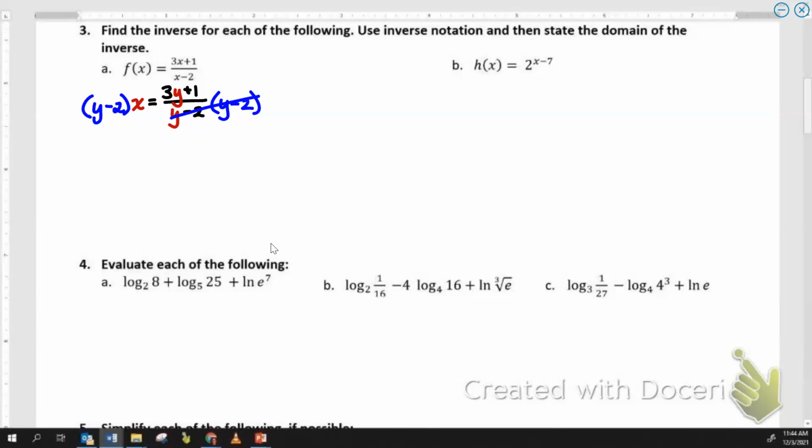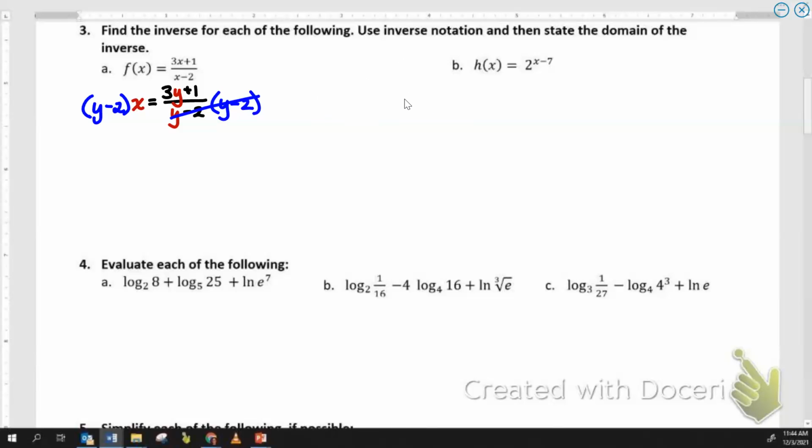I have 3 minus x here. Now I can divide both sides. Negative 2x minus 1 over 3 minus x equals y times 3 minus x over 3 minus x.